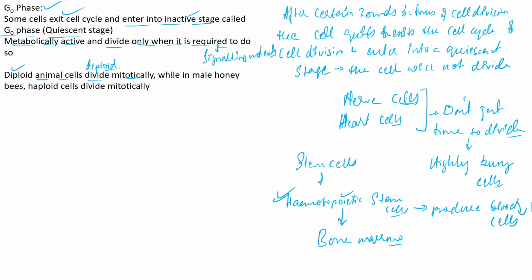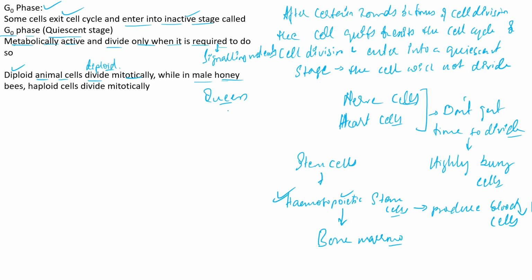However, even the haploid cells, for example in the case of the male honeybee, divide mitotically. The male honeybee is a very interesting case, because its development mainly starts with the queen. You will probably study this in more detail in genetics, that is, the principles of inheritance and variation.